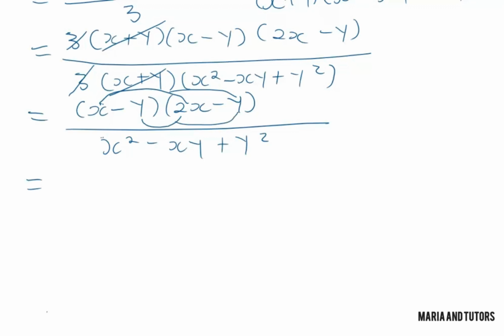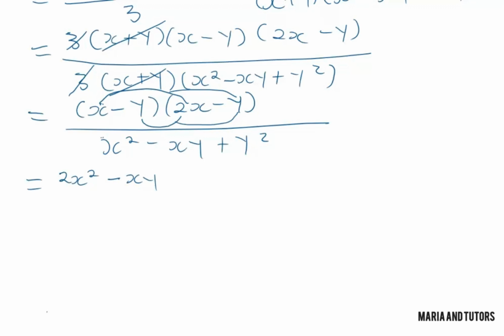Okay, doing that we're going to have x multiplied by 2x, which is what? 2x². x multiplied by negative y, which is what? Negative xy. Then when we're done, we go to the second term from the first bracket and multiply it by all the terms in the second bracket.